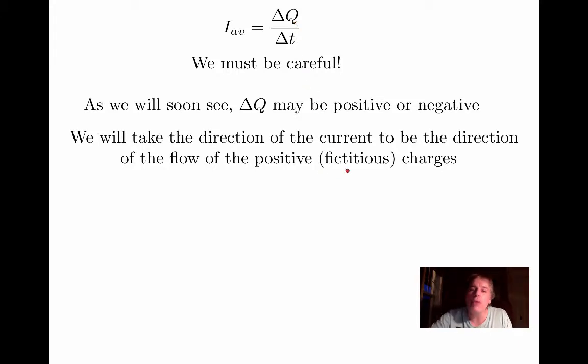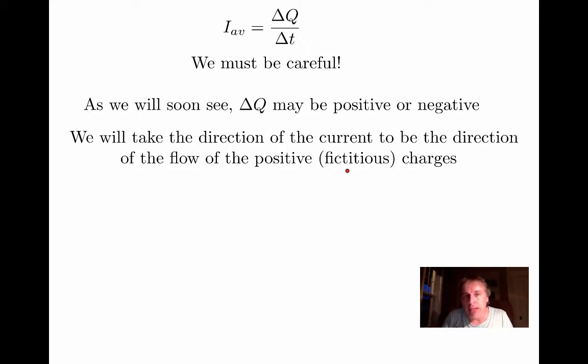Remember that really what's moving in the ordinary circuit are electrons, but for historical reasons, we pretend that positive charges are moving in the wire instead, and the current gives the direction of the motion of those fictitious positive charges.